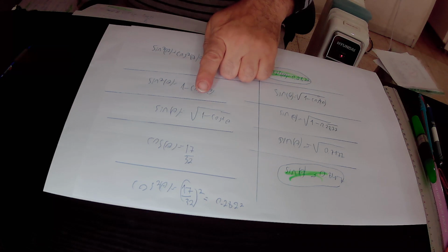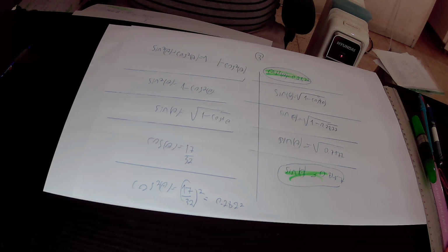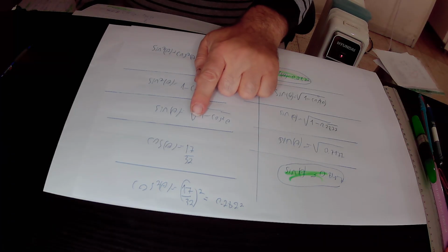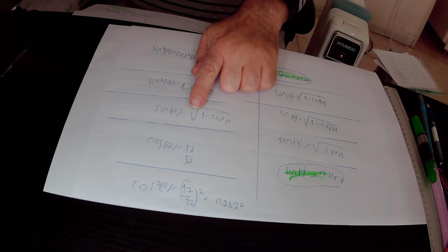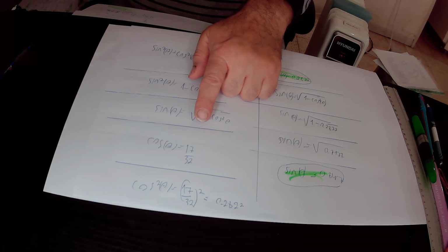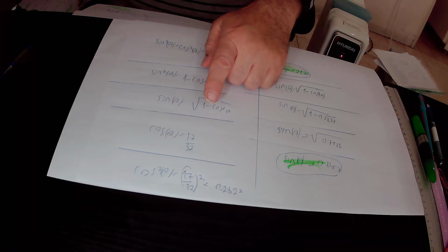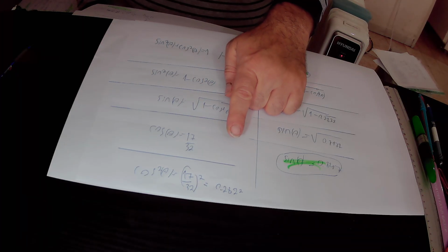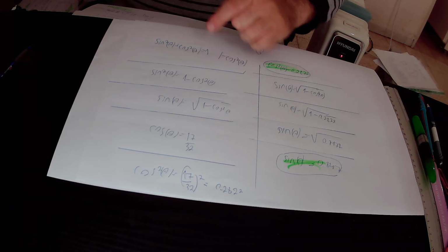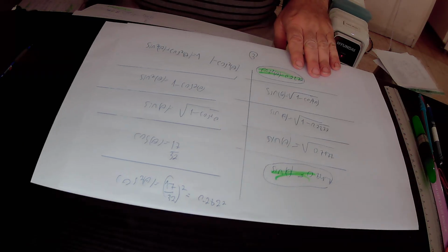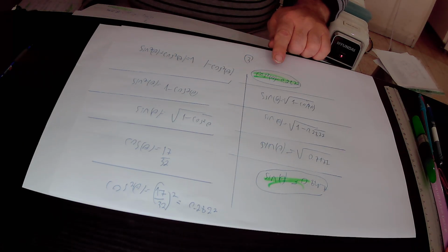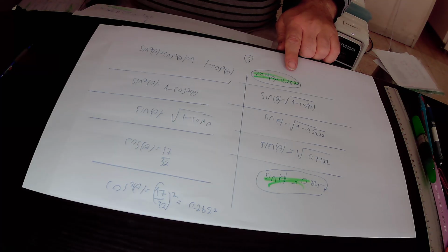Since cosine theta equals 17 over 32, if we square this, we find that cosine square theta equals 17 over 32 squared, which equals 0.2822. So in total, cosine square theta equals 0.2822.